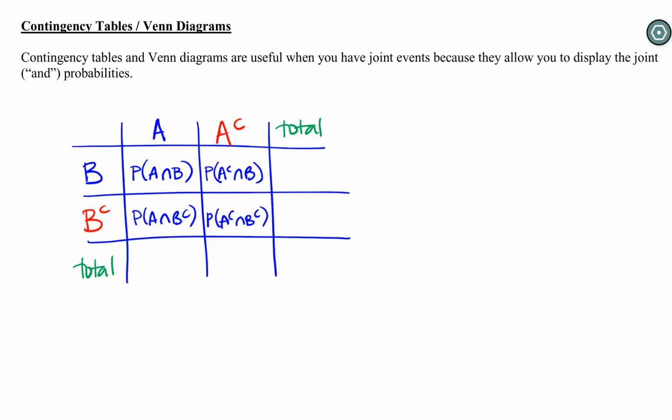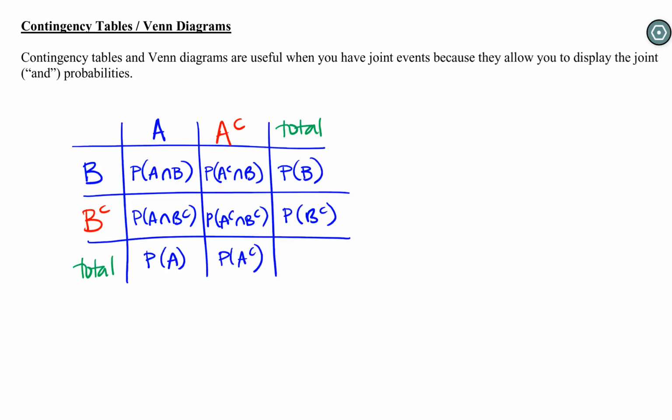If you go to the total column, this is where you're going to find those marginal probabilities. Here, we've taken all the people in B who were also in A, and all the people in B who were also not in A, and adding them together, we get everybody in B. And here we get the entirety of B complement. Then we have our A's and all of our A complements.